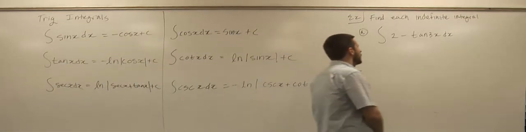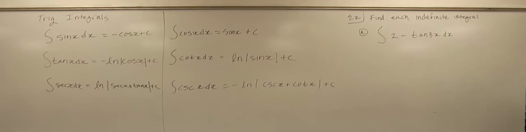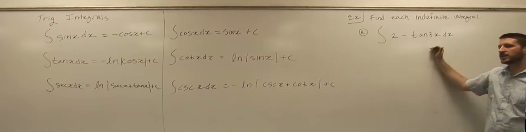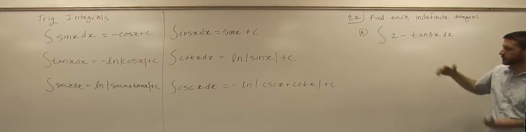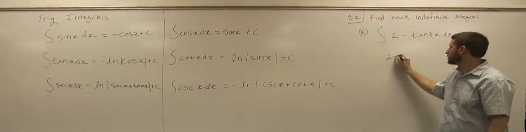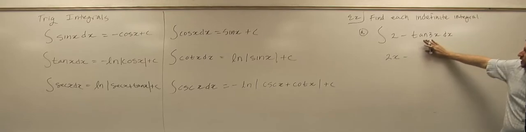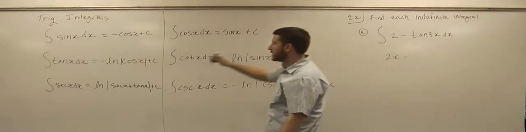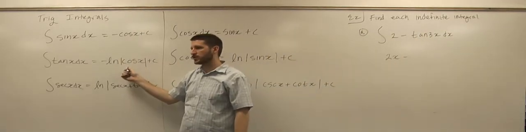How can we do this integral? So you can do it separately. You can integrate 2 and integrate tan 3x. 2 is easy enough, 2x. Minus. The integral of tangent x is negative natural log absolute value cos x.